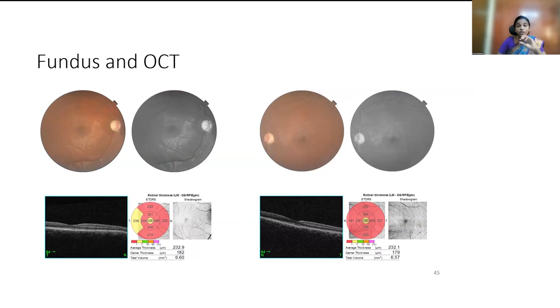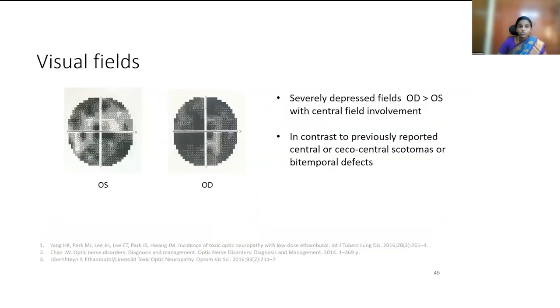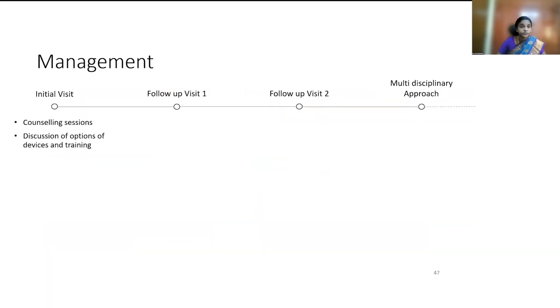The optic disc looks pale, and the OCT shows reduction in the thickness of the RNFL layer. This is the important visual field information we want, because the left eye has patchy vision. She has overall depressed fields. The right eye is more affected, and the left eye is spared.